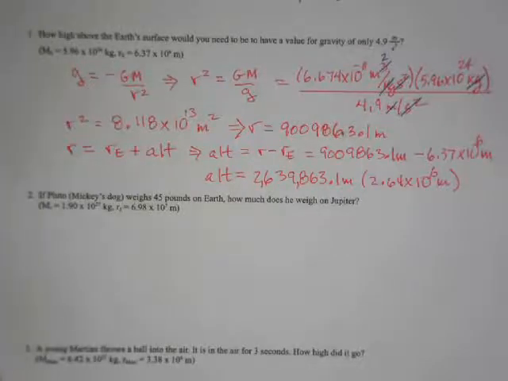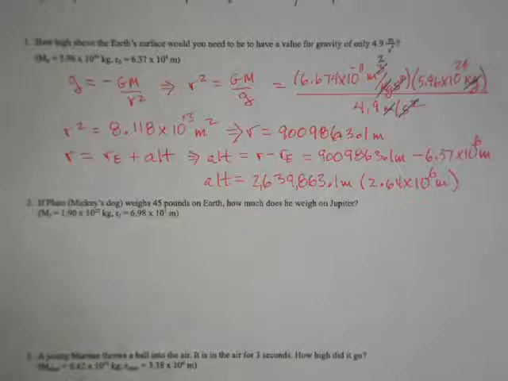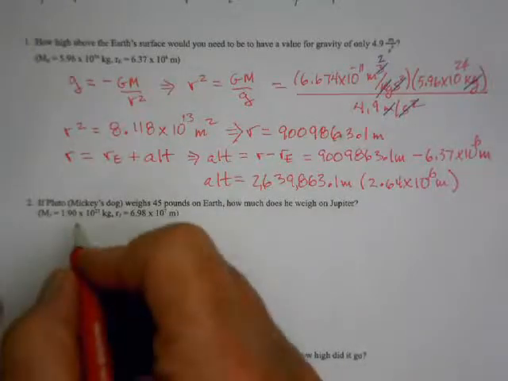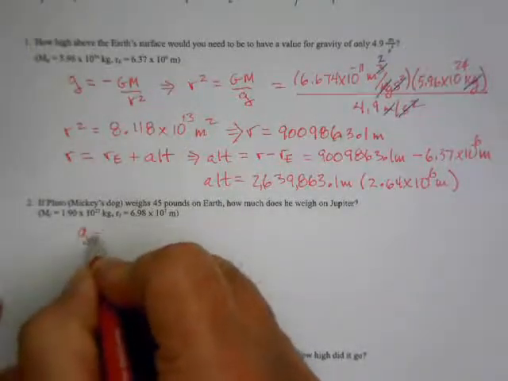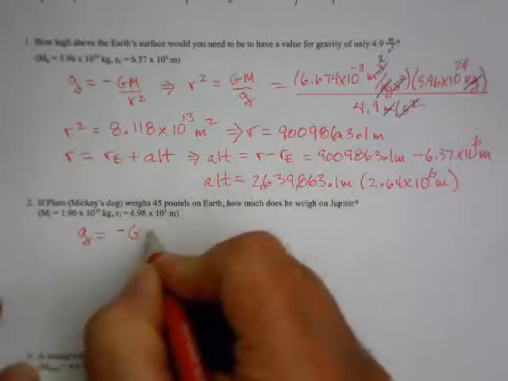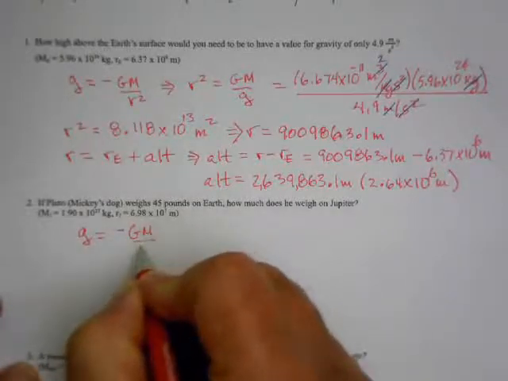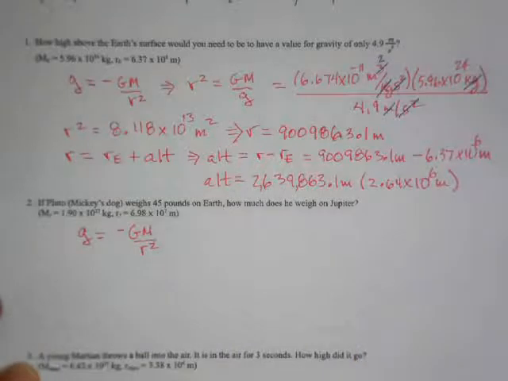So, let's figure out what gravity is first. And again, my minus sign is just for the direction it's pointed towards the surface of the planet.